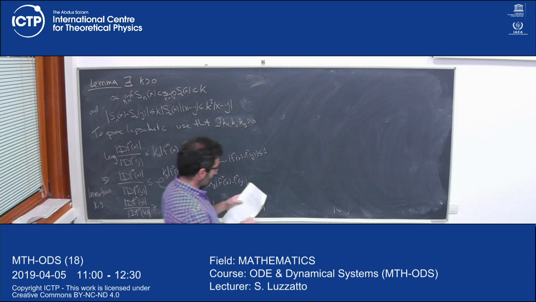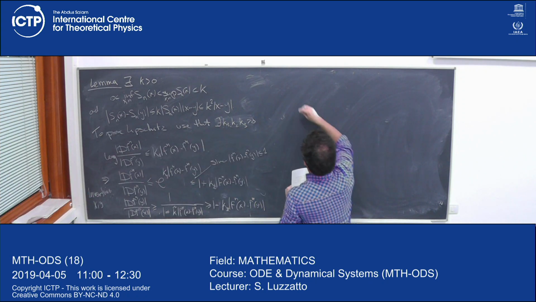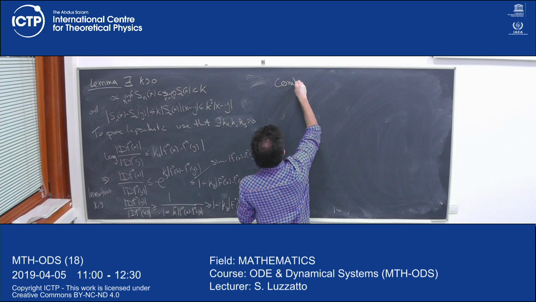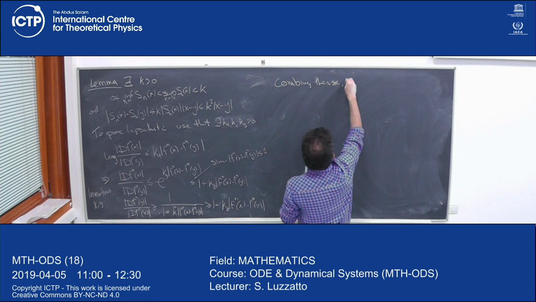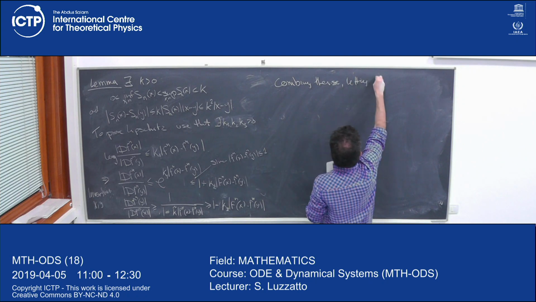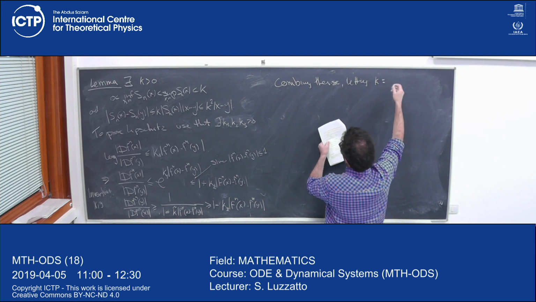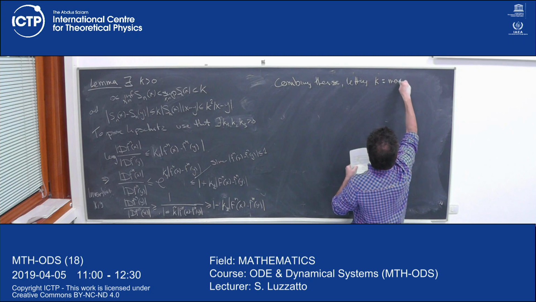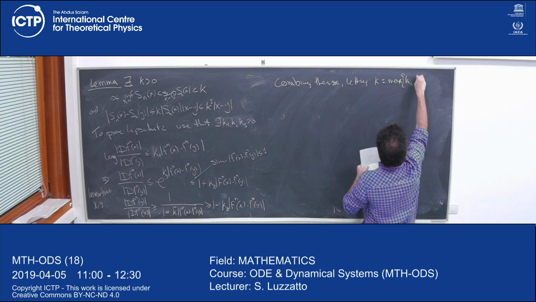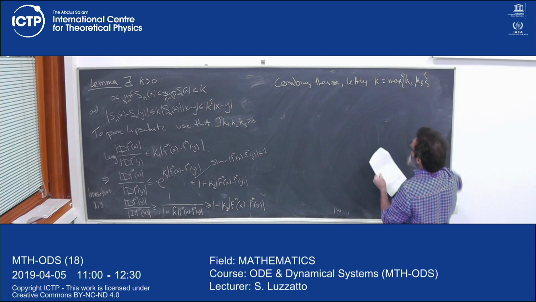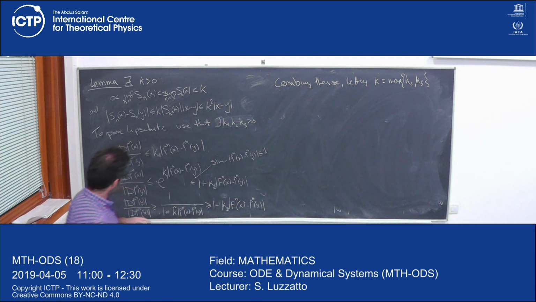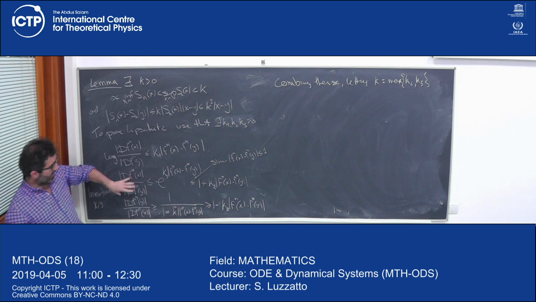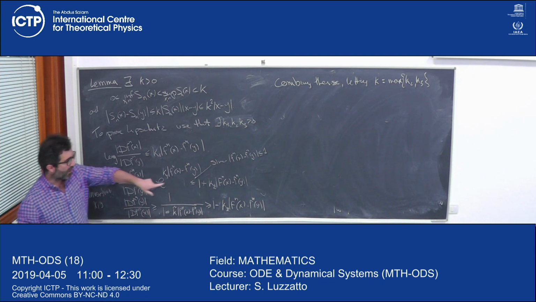This in particular implies, combining these and letting k equal the maximum of k2 and k3, that this is telling you how close we are to 1.